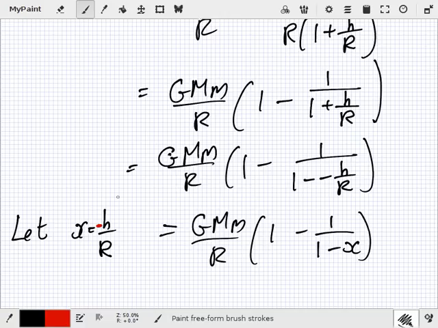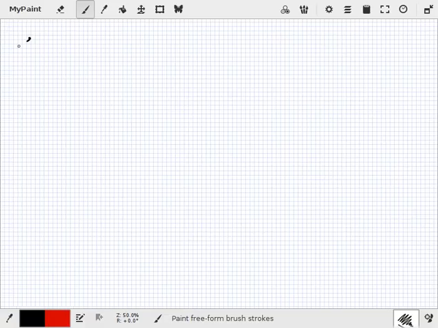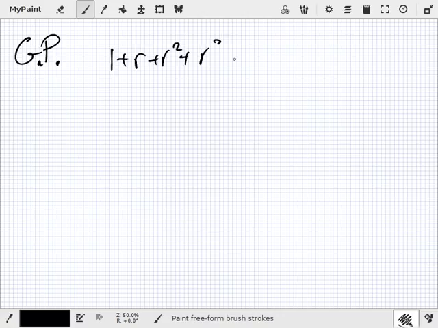Now, let me just go to the left for the moment. Do you remember from GP in math class, you have 1 plus r plus r squared plus r cubed and so on, that equals 1 over 1 minus r. This, if you remember, is S infinity. Do you remember doing this?